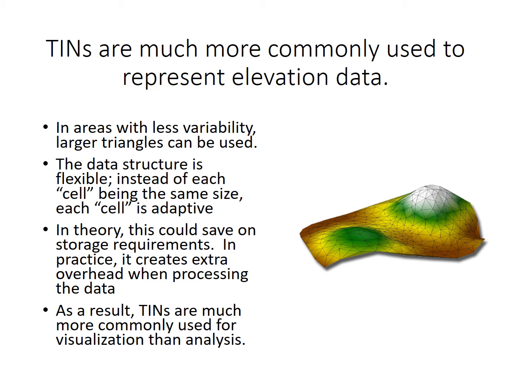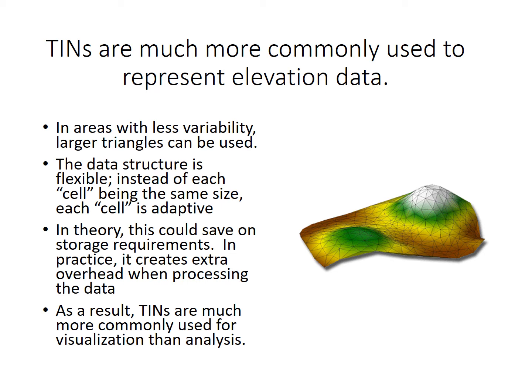Instead of having one cell everywhere across your study area, you could eliminate some of those cells because they're just redundant information. If you're modeling a flat plane, you don't need hundreds of pixels to do that. You could theoretically do it with just 3 or 4 points. As it works out, it's actually a little more difficult for the computer to keep track of these kinds of things.